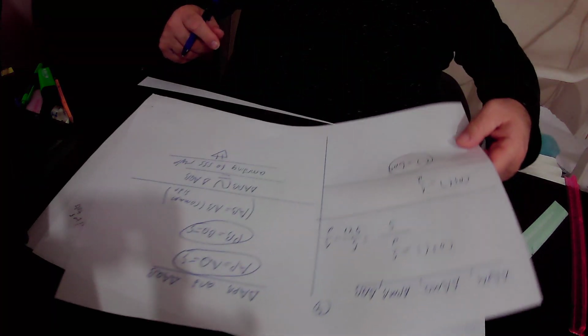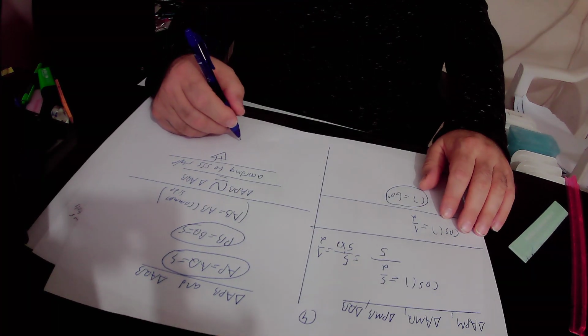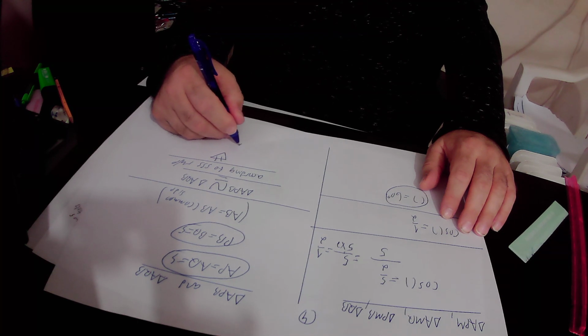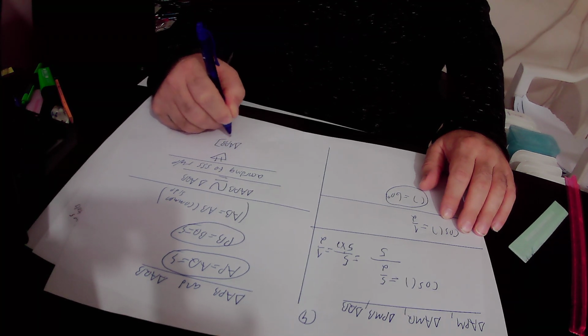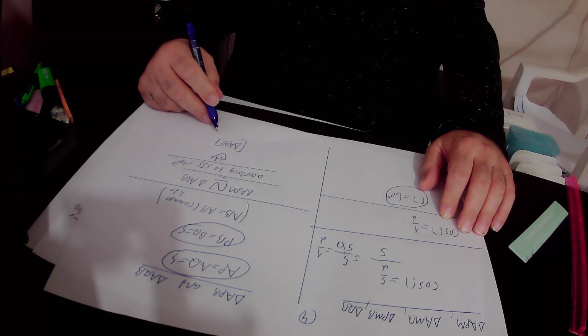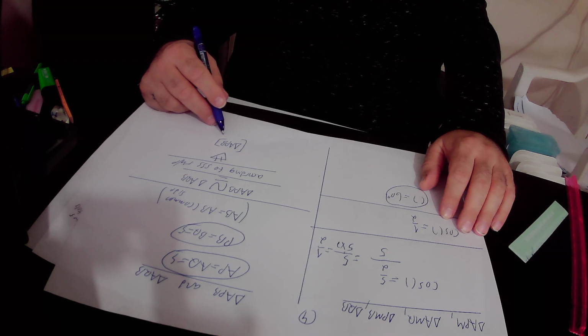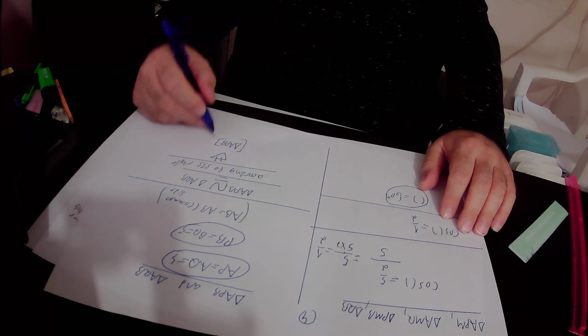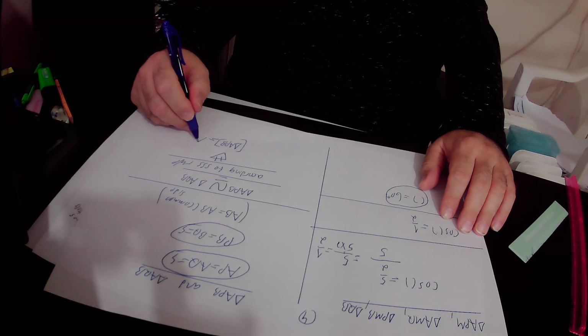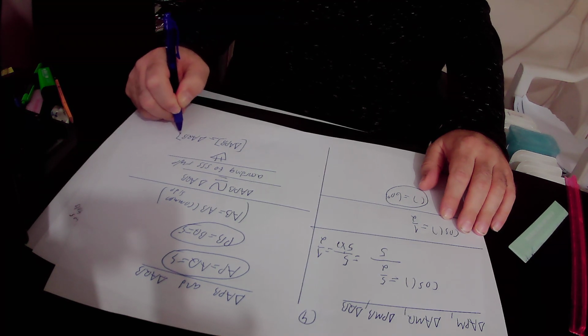So, therefore, we can write down that the area of triangle APB, here the square bracket is the sign for the area. It means the area of triangle APB is equal to the area of triangle AQB. Okay.